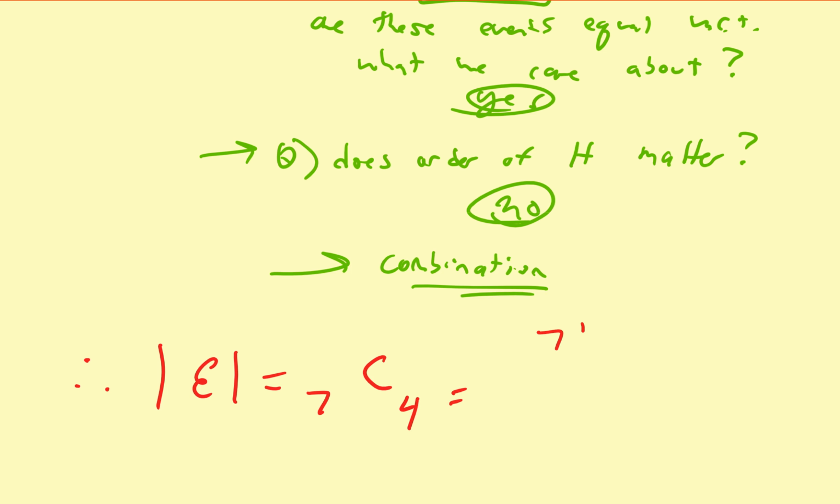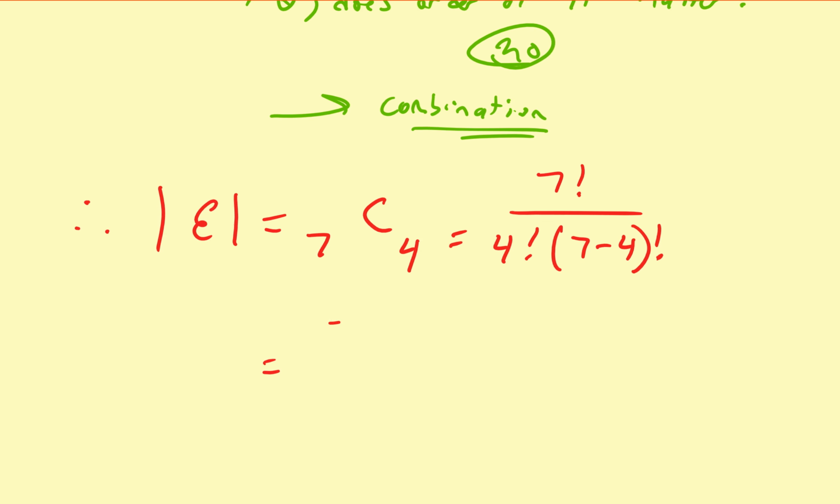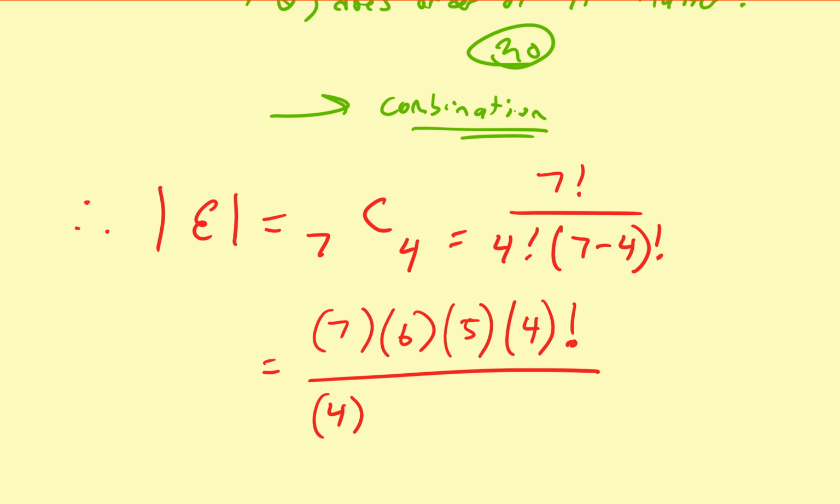So this is going to be equal to 7 factorial over 4 factorial times the quantity 7 minus 4 factorial. So this is going to be equal to 7 times 6 times 5 times 4 factorial divided by 4 factorial times, well, 7 minus 4 is going to be 3, times 2 times 1. So my 4 factorials will cancel, and my 3 times 2 will cancel with the 6.